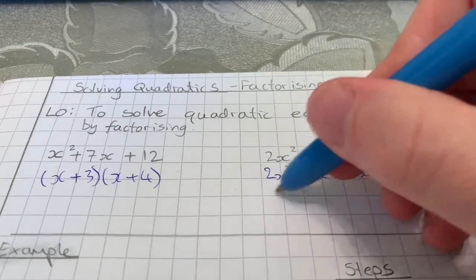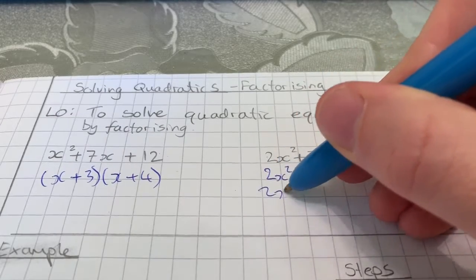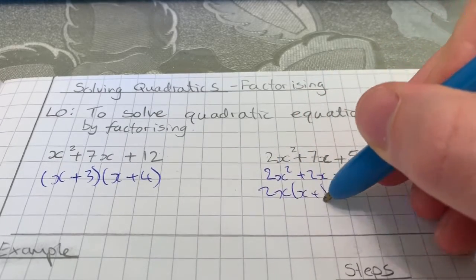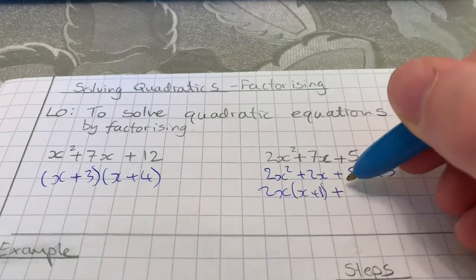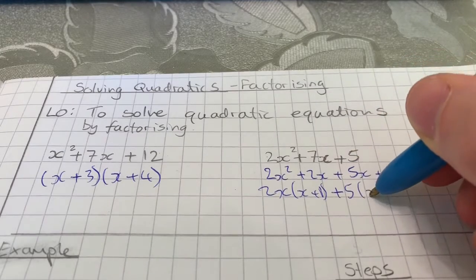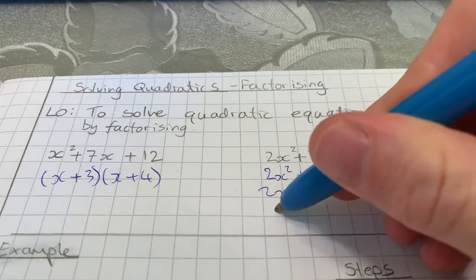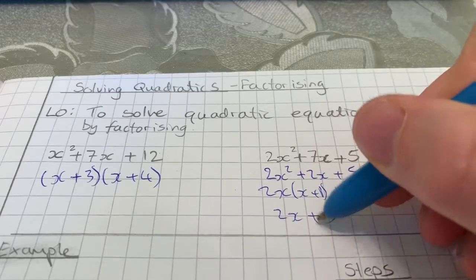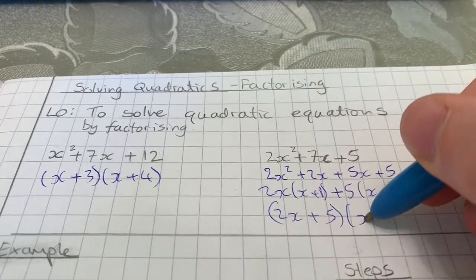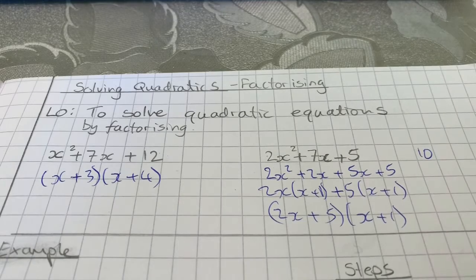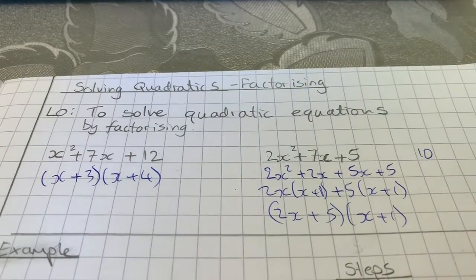And then we factorise one side at a time. Okay, and that will be factorised. So you've got to know how to do this before you can start solving them.